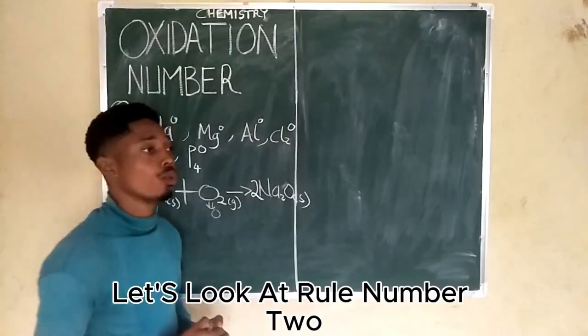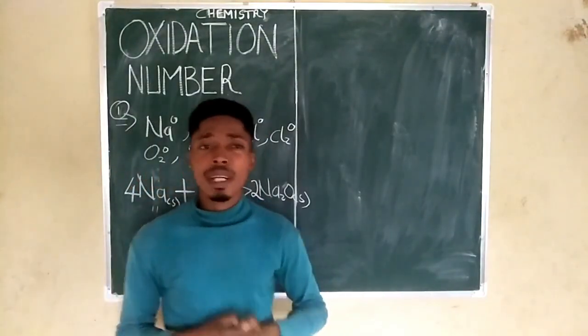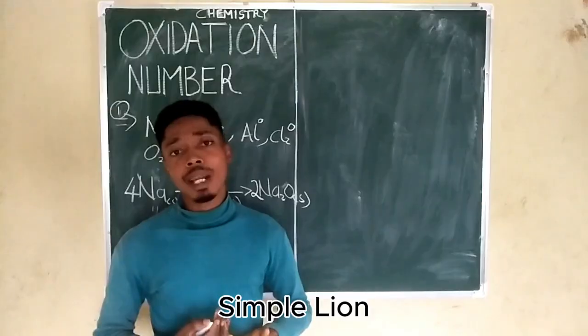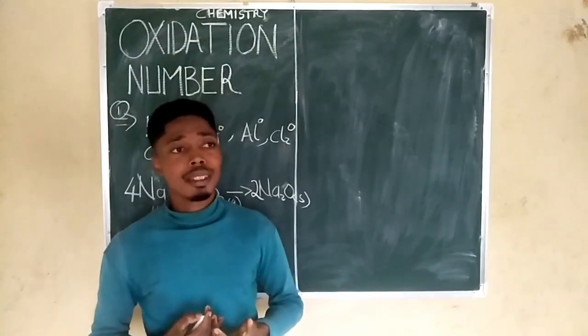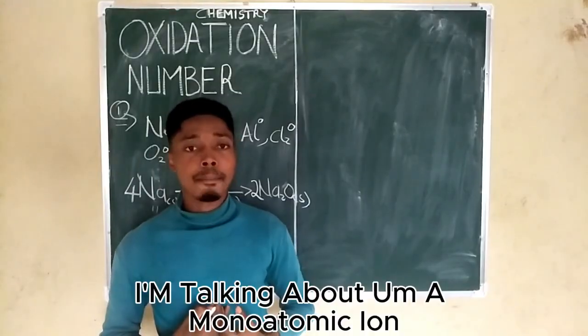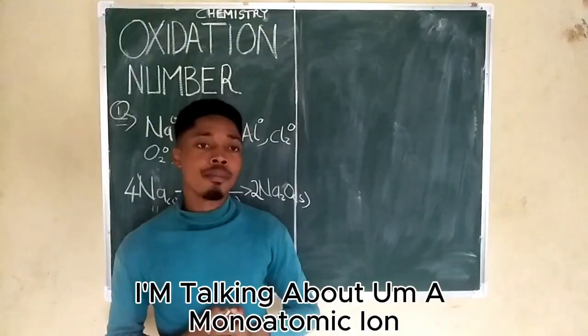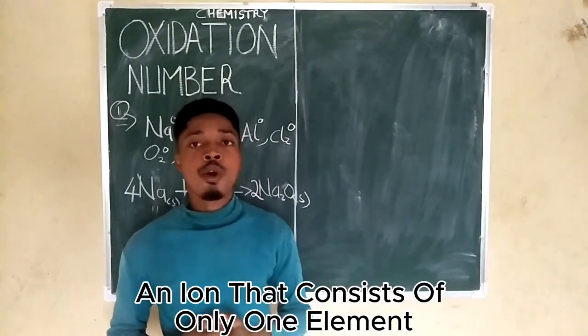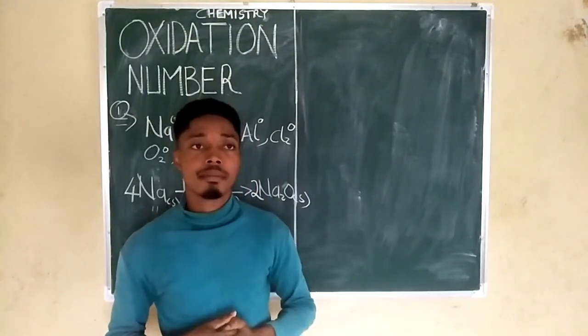Let's look at rule number 2. Rule number 2 says that for a simple ion, when I'm talking about a simple ion, I'm talking about a monoatomic ion, an ion that consists of only one element.